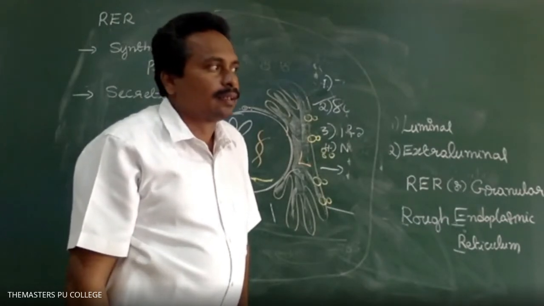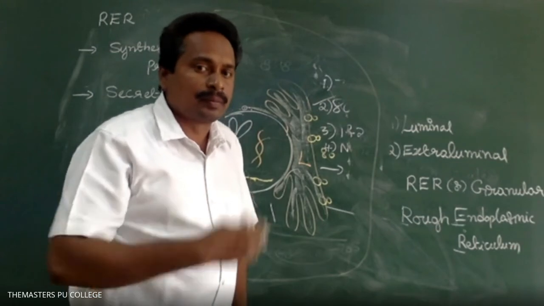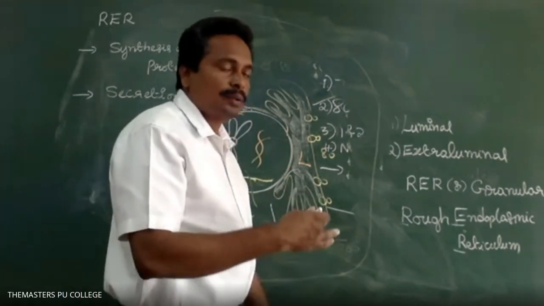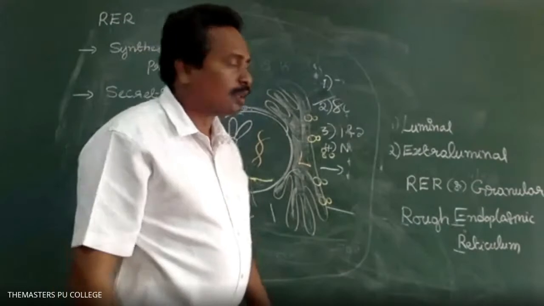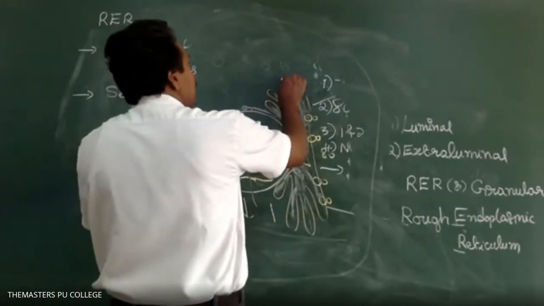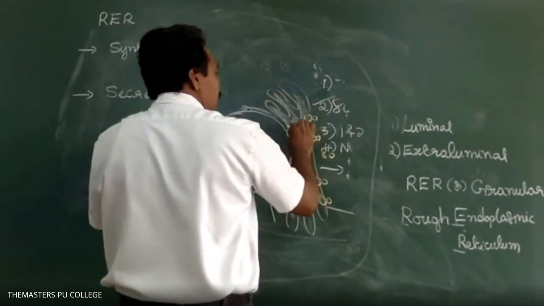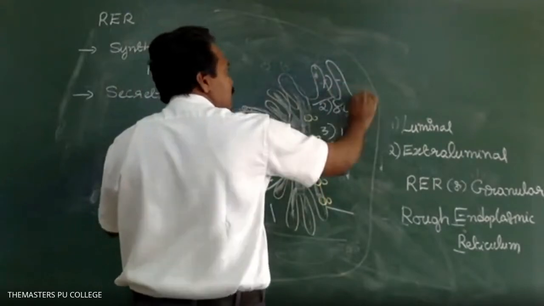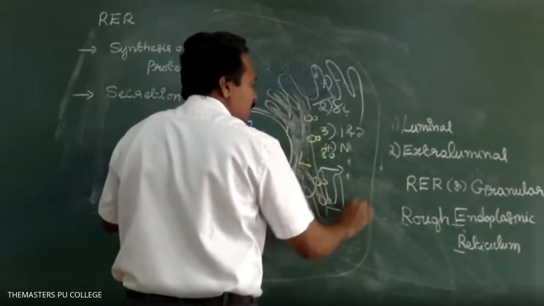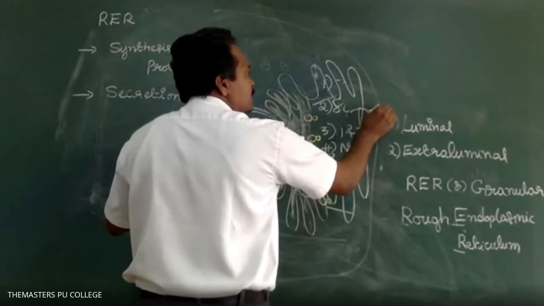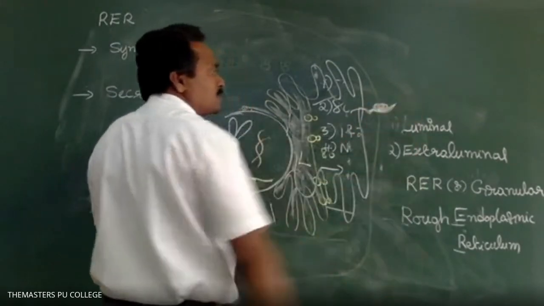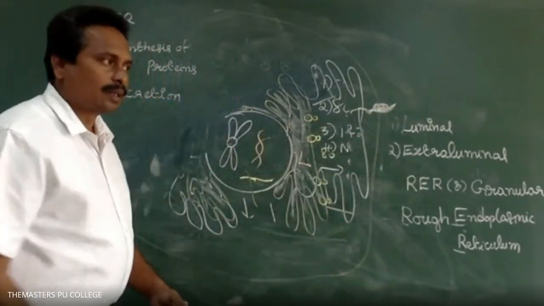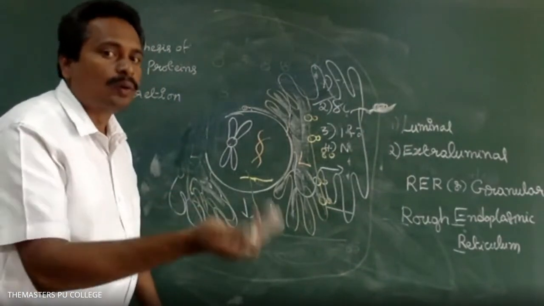The endoplasmic reticulum is extended from the nuclear membrane up to the cell membrane. So it secretes the substance from the cytoplasm outside the cell.